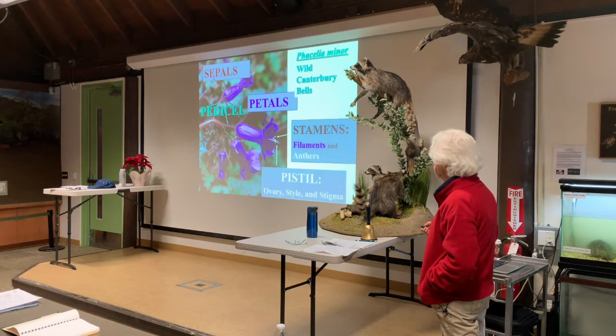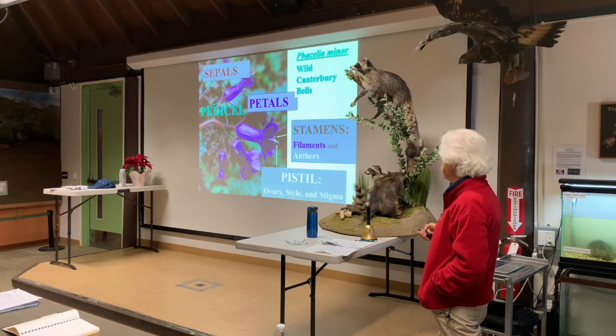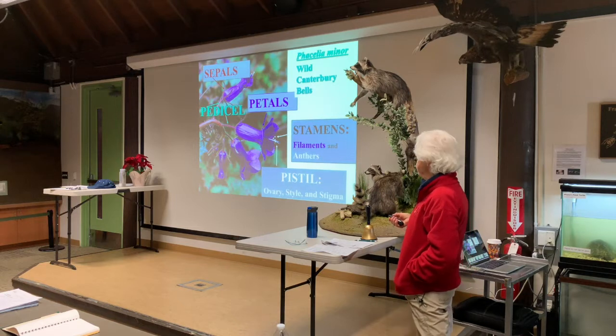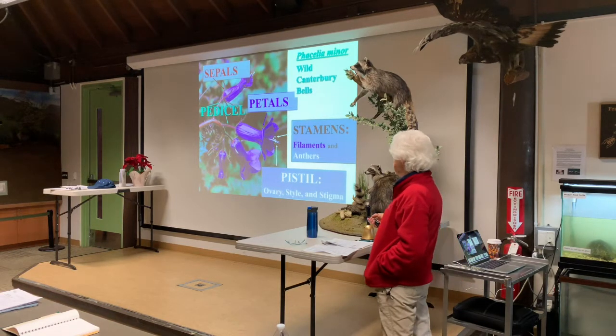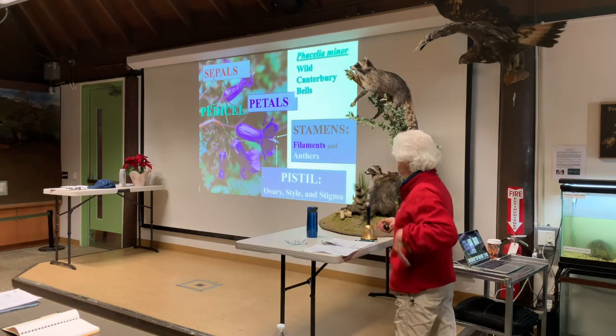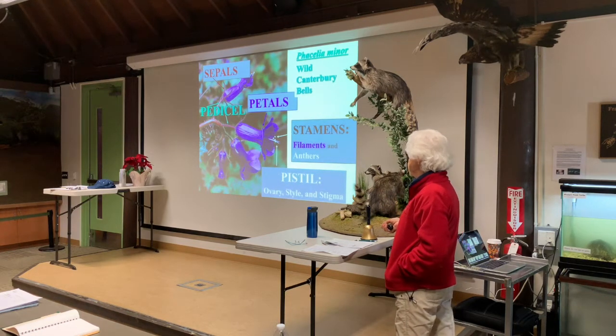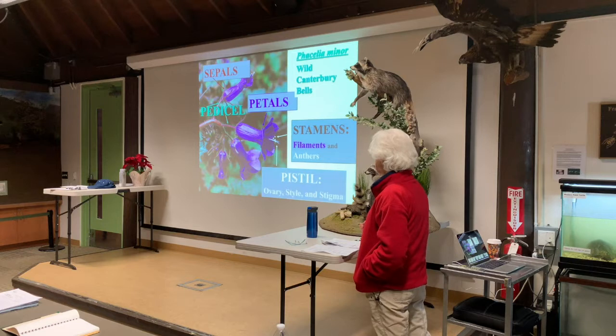And then here in the middle, this white fork thing is the top of the pistil. A pistil is the female organ, and it is one structure that consists of ovary, style, and stigma.